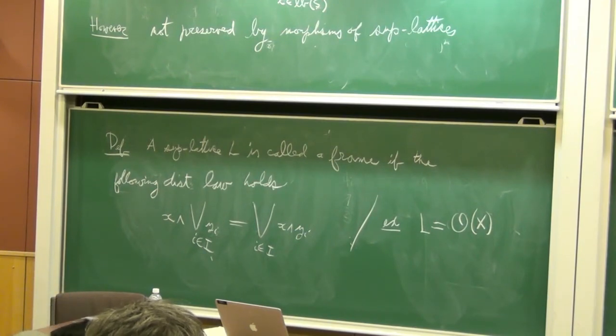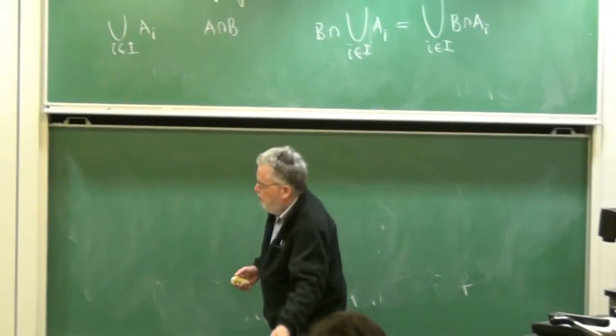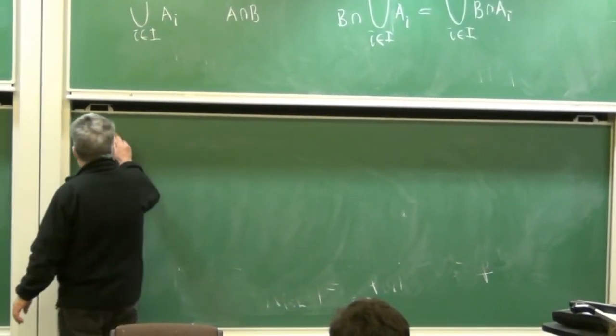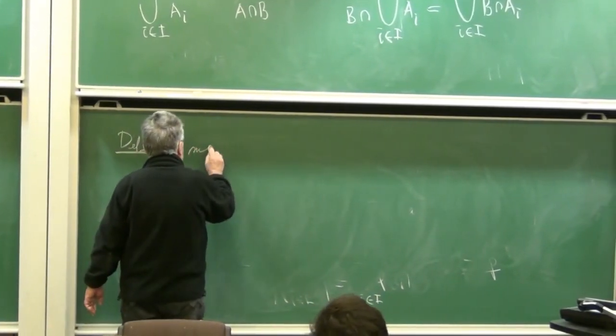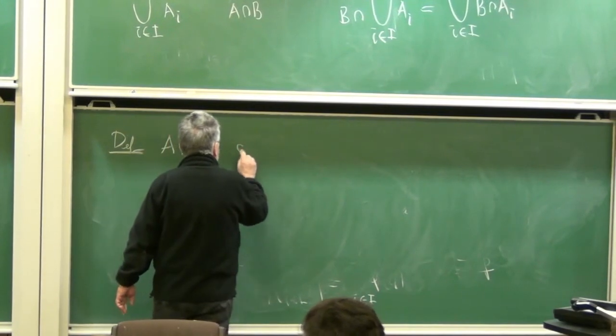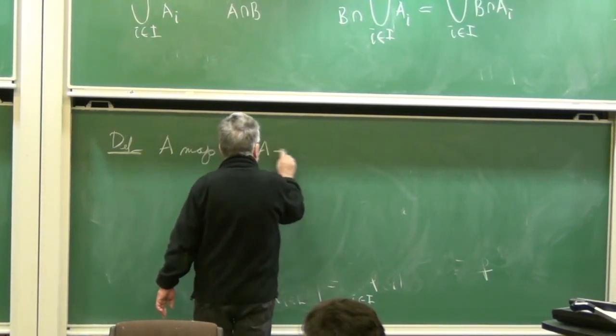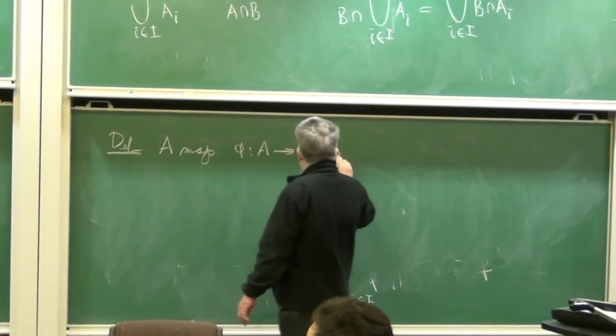So the morphism should preserve the basic operations. So a map between two frames is a morphism.